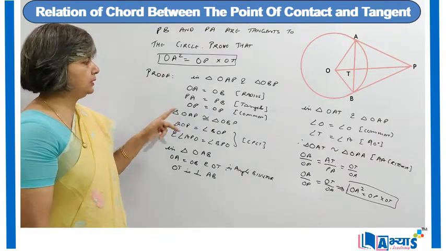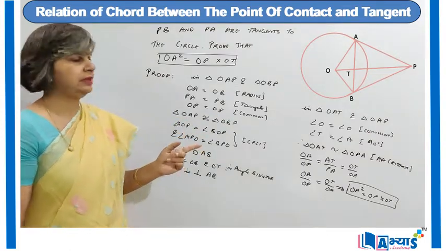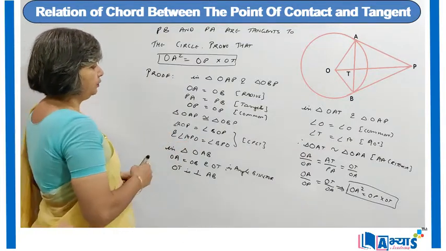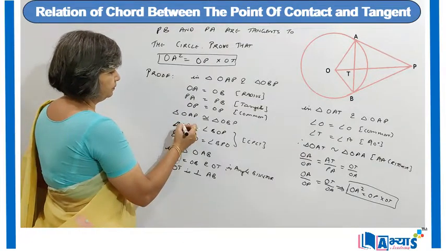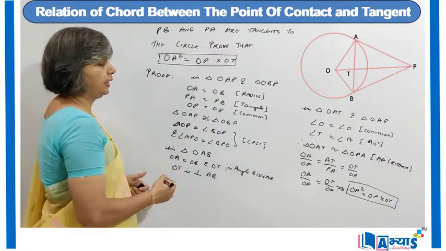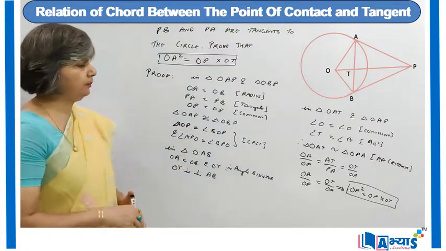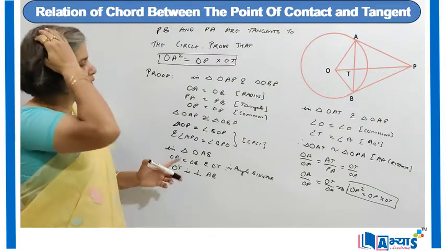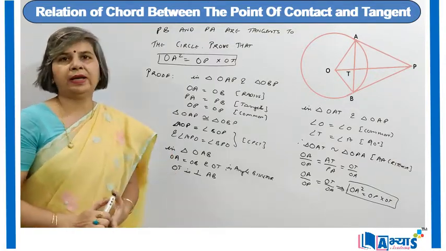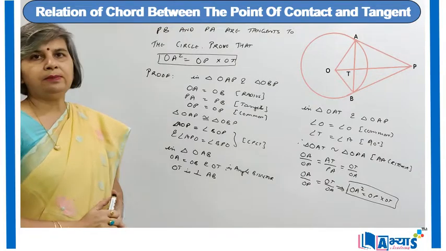So the two triangles are congruent. From congruence we can say that angle AOP is equal to angle BOP. Similarly, angle APO will be equal to angle BPO, or we can say that OP is the angle bisector of angle O as well as angle P.